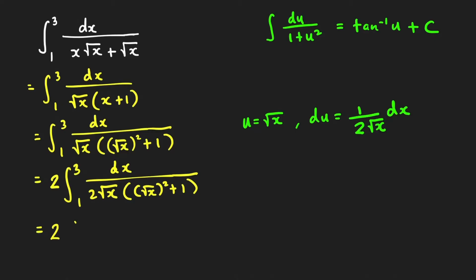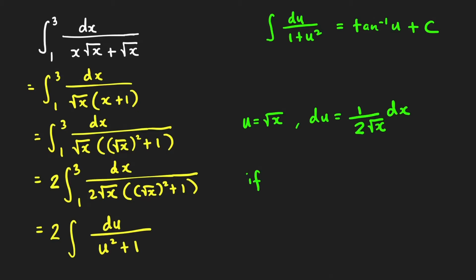We now have this equal to du, so this is equal to du over u squared plus 1. Since our variable is already in terms of u, we have to change the limits of integration in terms of u as well.